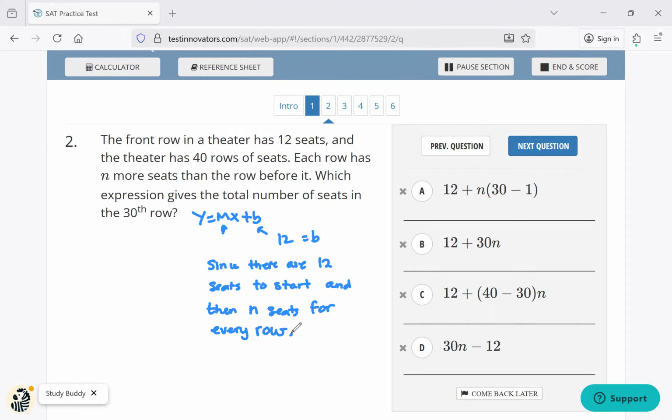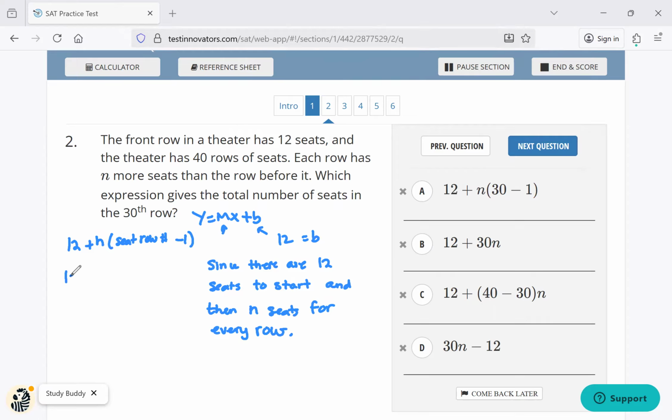So what does that mean? Our equation is going to be 12, and then my m is going to be n times the seat row number minus 1.